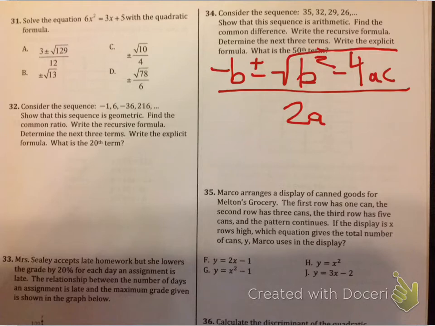Obviously, you can see here this is simplified in radical form, so you technically would have to solve it, but before you can solve it, you have to make sure everything is on one side. Okay, so this is actually 6x squared minus 3x minus 5, because I moved the 3 and the 5 over.